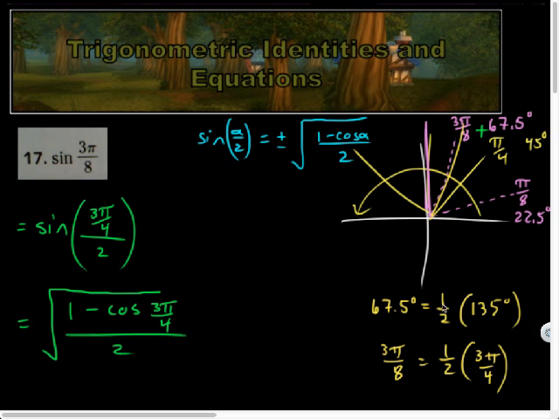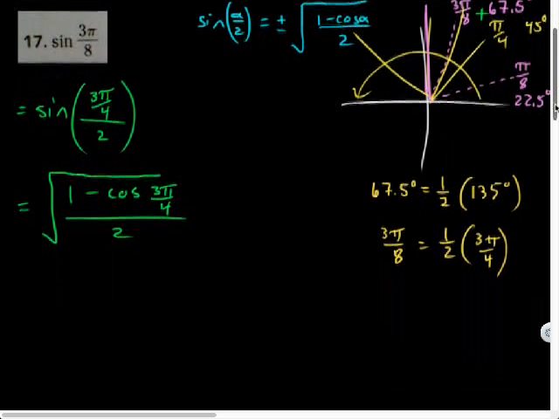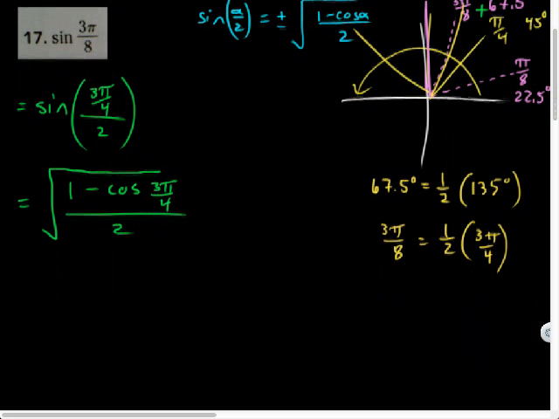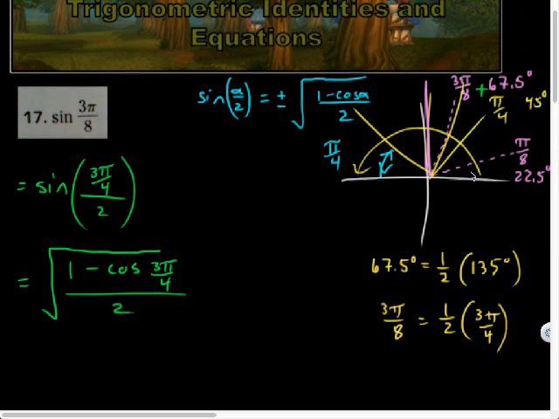You could have done it with 135, but I'm going to try to familiarize us with the radians a little bit. Now, 3 pi over 4, I've got to find the reference angle to that, which would be pi over 4, 45 degrees. And is cosine positive or negative in this quadrant?